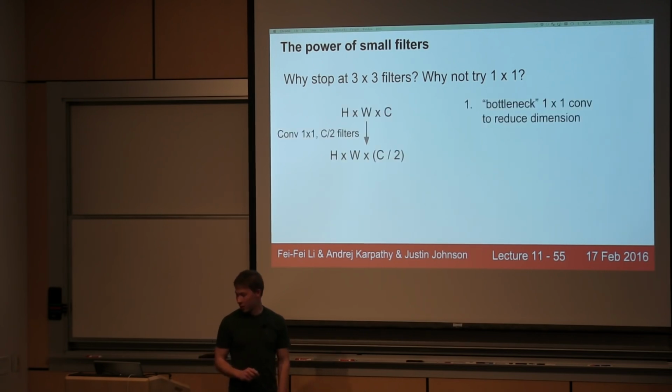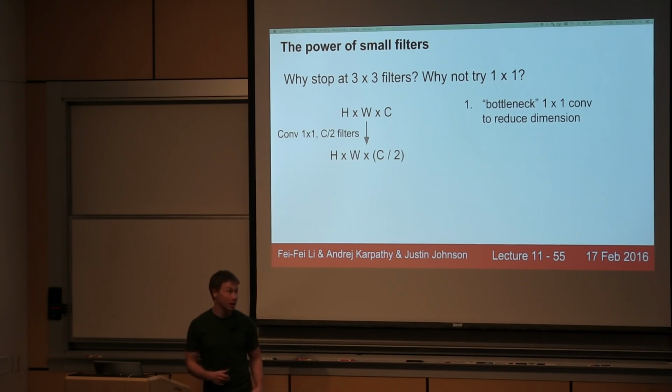So what we're going to do here is compare a single 3x3 convolution versus a slightly fancier architecture called a bottleneck architecture. Here we assume, again, an input of H by W by C. And here we can do a cool trick. We do a single 1x1 convolution with C/2 filters to reduce the dimensionality of the volume.